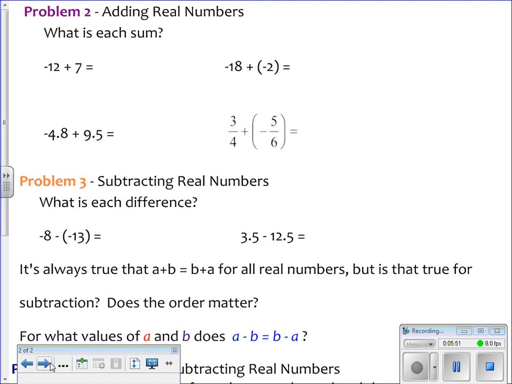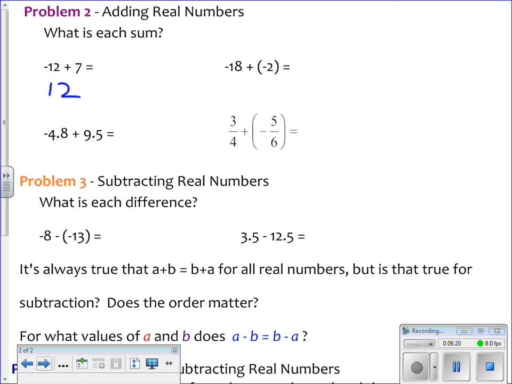So first one, -12 plus 7. Are they the same sign? That's the first thing you want to ask yourself. If you have negatives and positives that they're adding together, are they the same sign? -12, 7, they're opposites, right? One's positive, one's negative. If you have a positive and a negative, this is what you do.